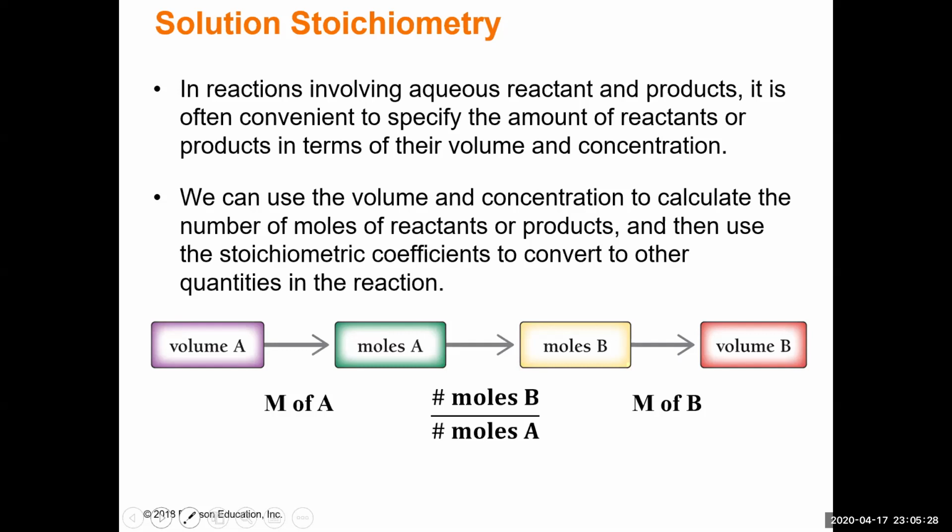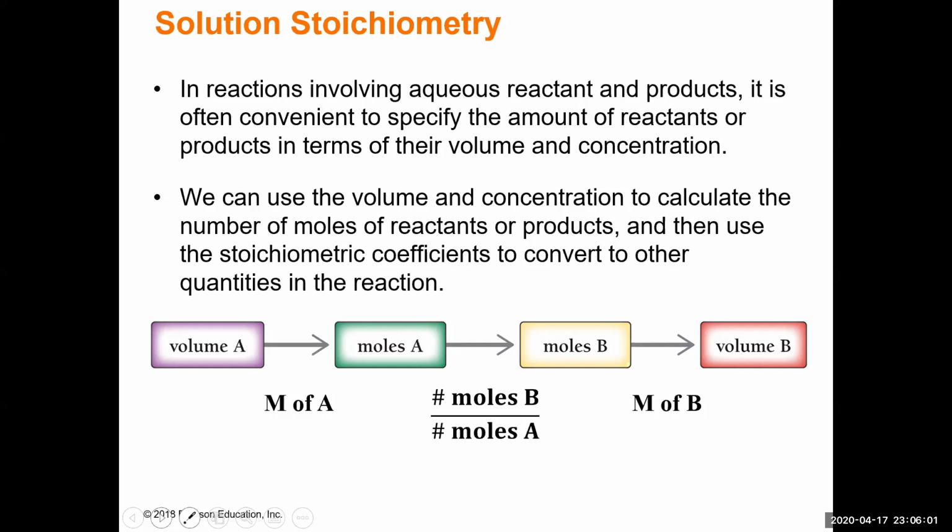As we said before, when we multiply concentration in molarity times volume, we end up with units of moles. After we end up with units of moles of the reactant or product, we can then use stoichiometric coefficients to convert into another reactant or product using the balanced equation.